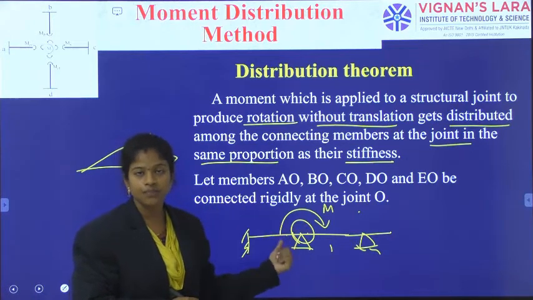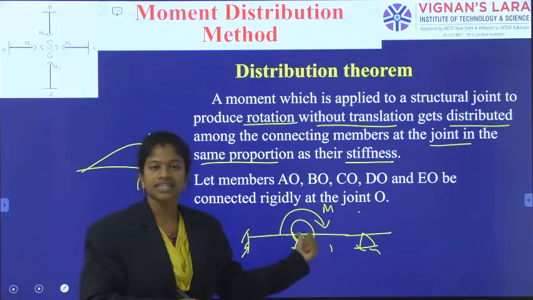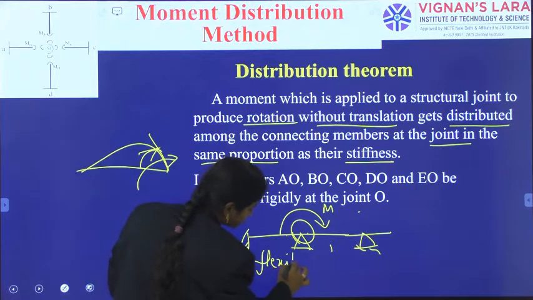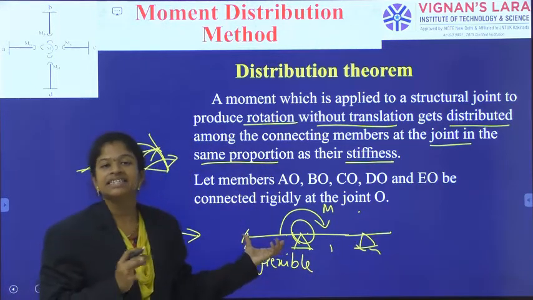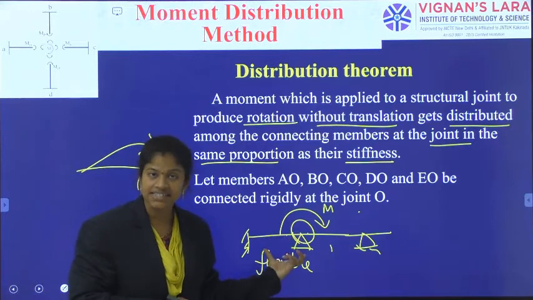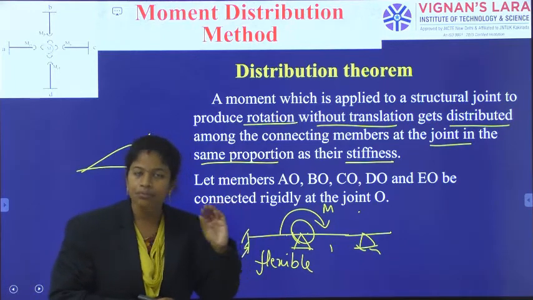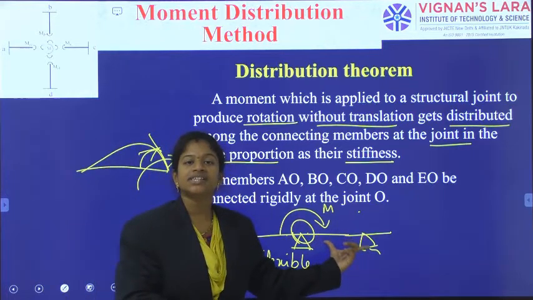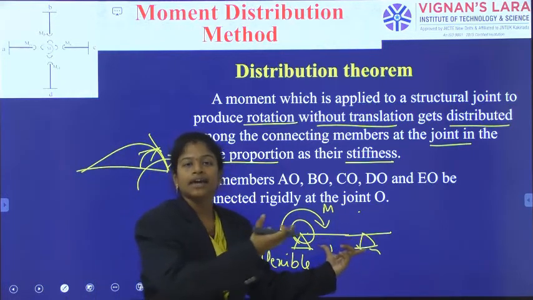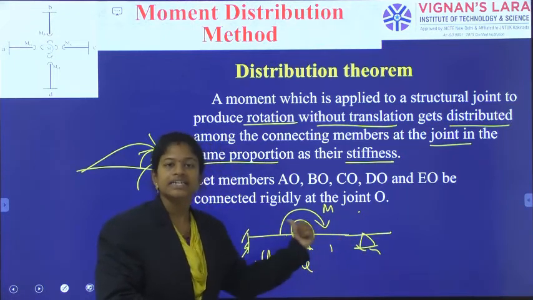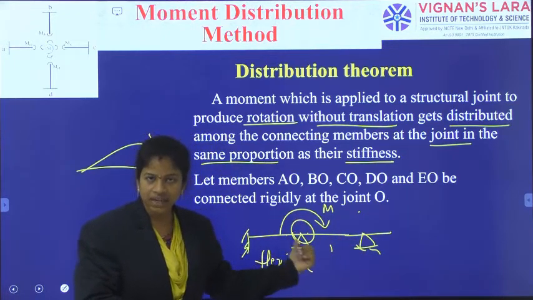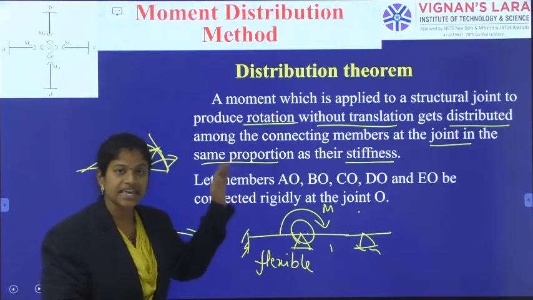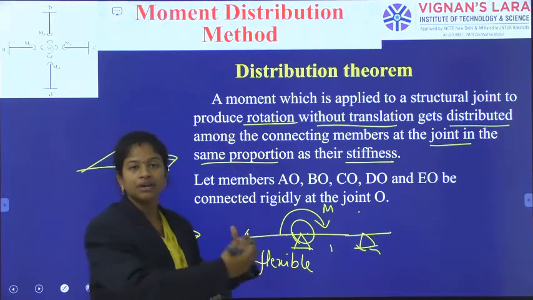So for providing the same rotation or slope, a segment that is more flexible, having lesser stiffness, will take less moment, while a member having more stiffness will take more moment to produce the same amount of rotation. That's why, based on the stiffness proportions, the moment will be distributed in the same ratio.